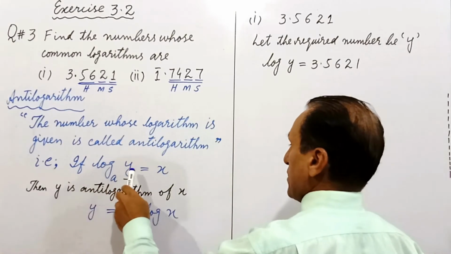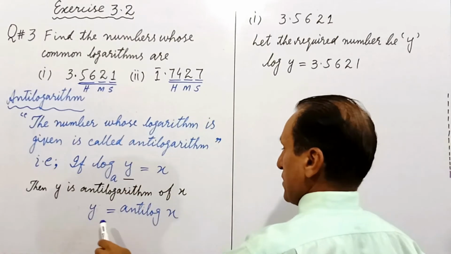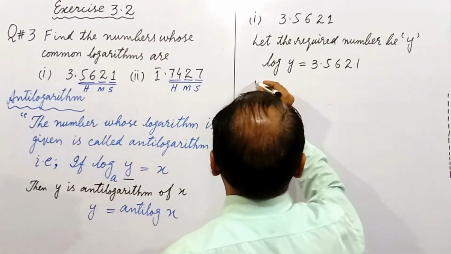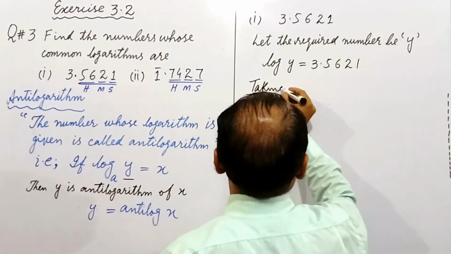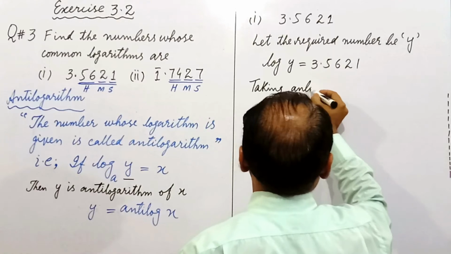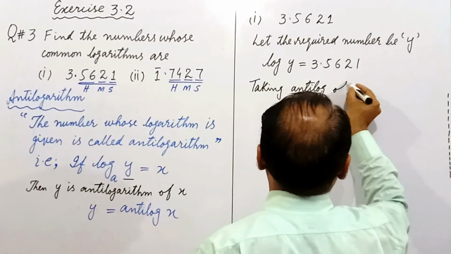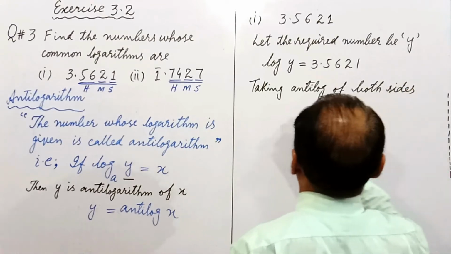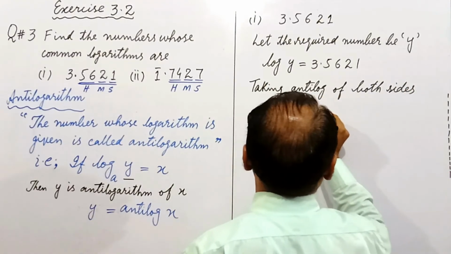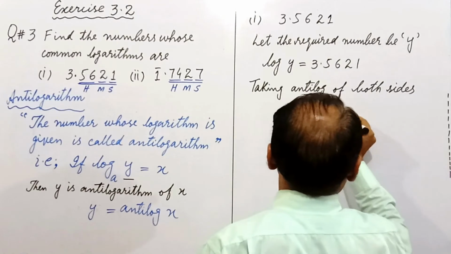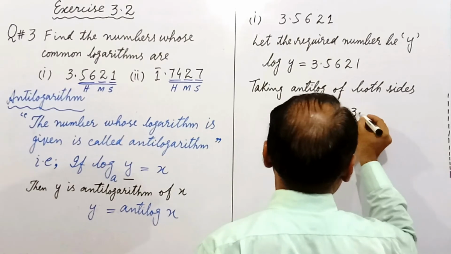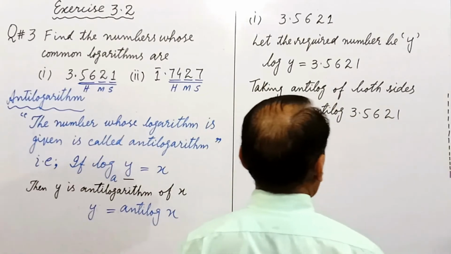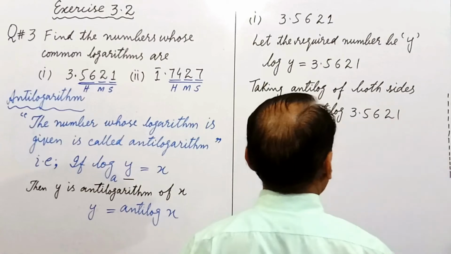If log y is equal to x, then y is equal to anti-log of x. So taking anti-log of both sides, we have y is equal to anti-log 3.5621.